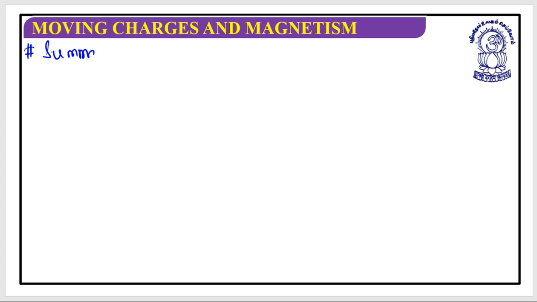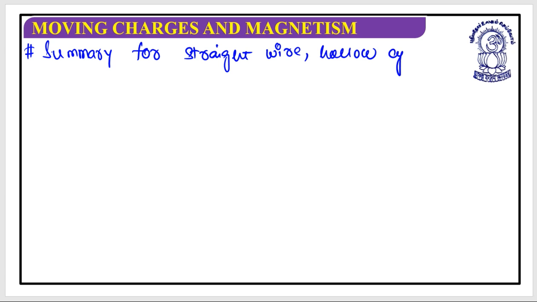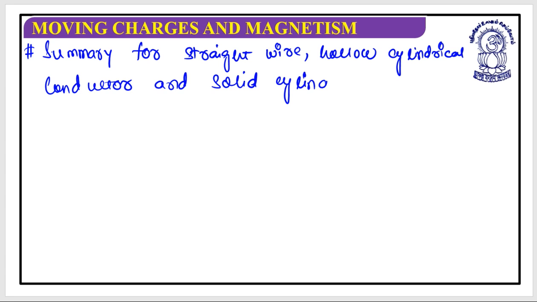It's a summary for the straight wire, the hollow cylindrical conductor, and the solid cylindrical conductor. Yes, we are interested in the summary of these three.